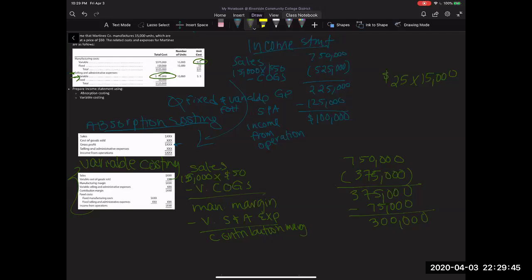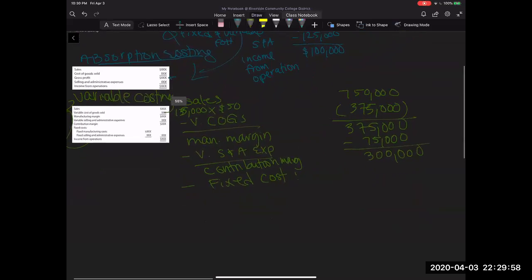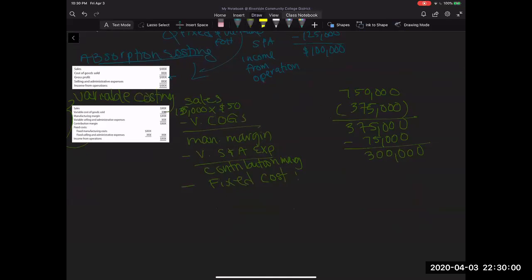Okay. All right. Now, lastly, what I'm going to do is subtract out my fixed cost. And my fixed cost is divided into two different amounts. I have my fixed manufacturing cost, so I'm going to push it over a little bit, sorry.